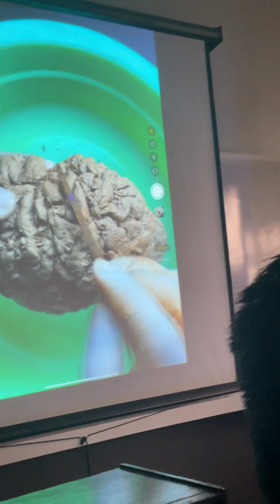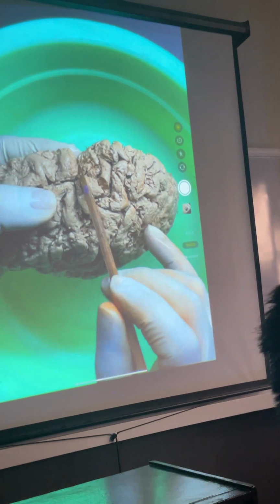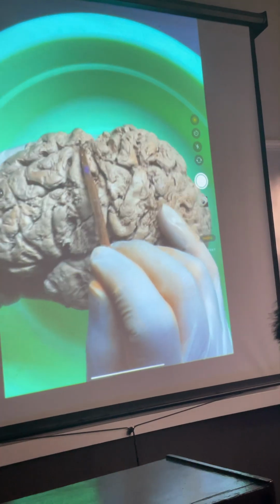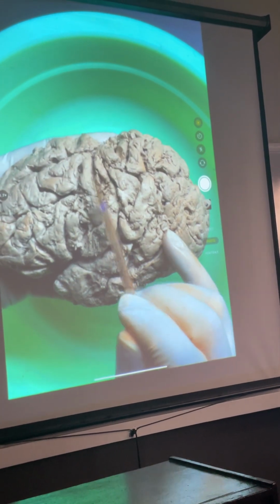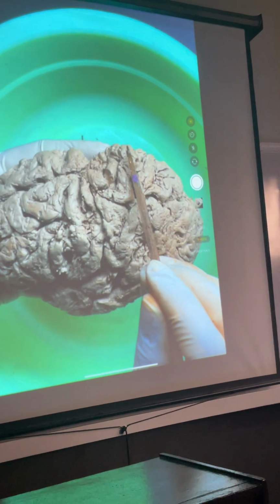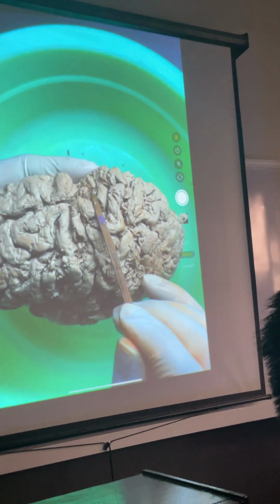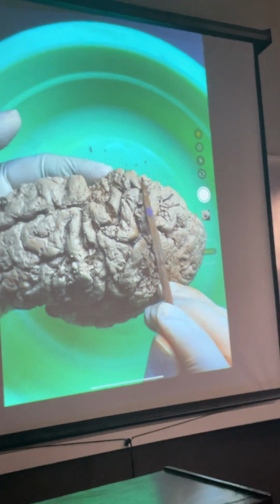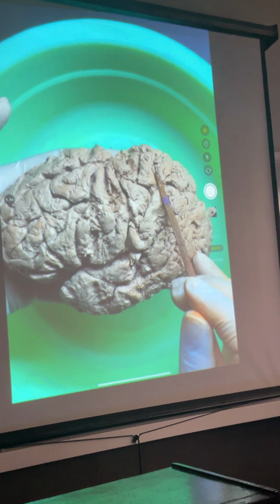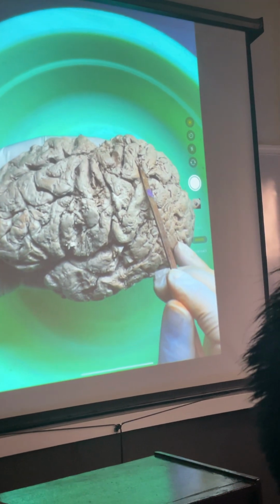If this is the central sulcus of Rolando, this must be the pre-central sulcus, so this is the pre-central gyrus. And this is the post-central gyrus, and this is the post-central sulcus. Do you see it?